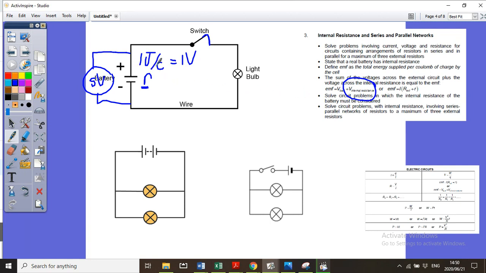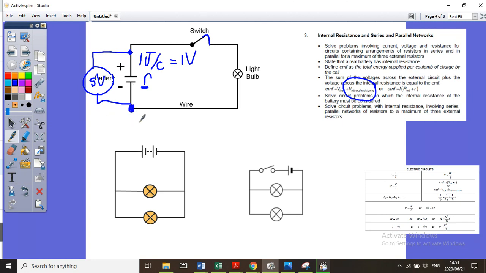So now if 1 joule is used inside the battery, then the coulombs that are leaving are not leaving with 5 joules anymore. And when they come back, they are not going to gain 5 joules anymore. So this reading actually tells us the external voltage and also the amount that the coulombs are going to gain from the battery.